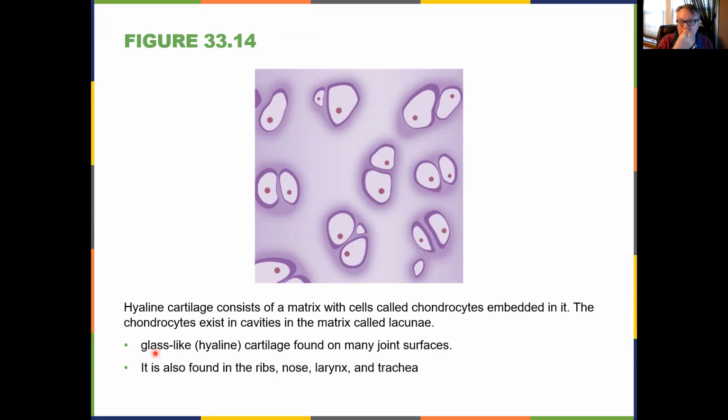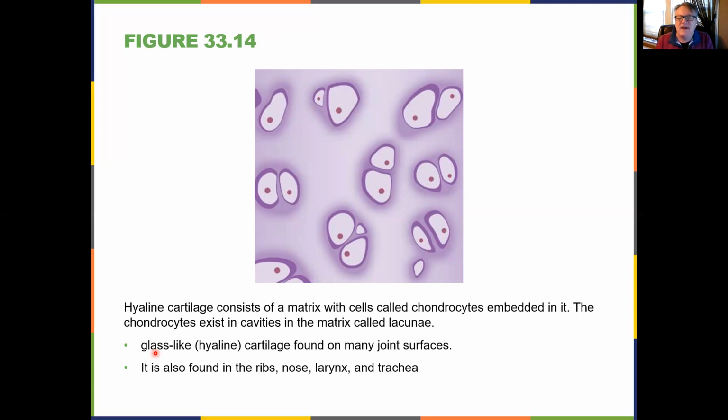Your larynx: if you feel there, the reason that can be collapsed is because it's fairly soft tissue known as cartilage. And you're also going to find this in the ribs that attach to your sternum that allow you to expand your rib cage and contract your rib cage during breathing.